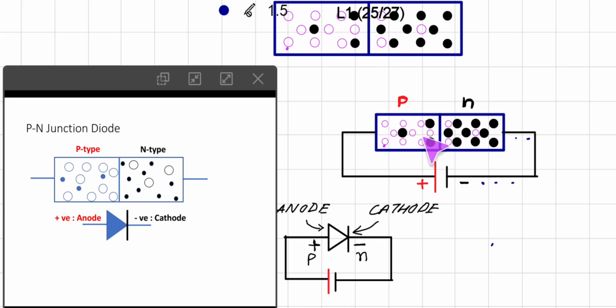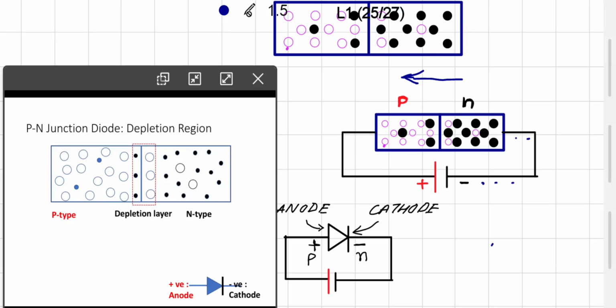We know that here are holes, which are positively charged, so that is why they are attracting these electrons in this direction, and once the electron reaches this region, this is again positive polarity, so the electrons get attracted by this polarity, and in this way the current will start to flow. A large current will flow, and this is basically a circuit called forward biasing of the junction diode, the PN junction diode. So here it is shown.